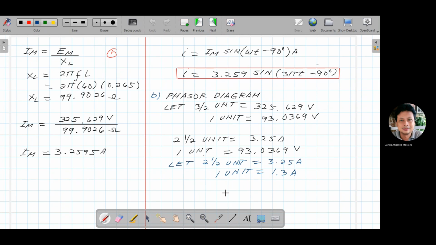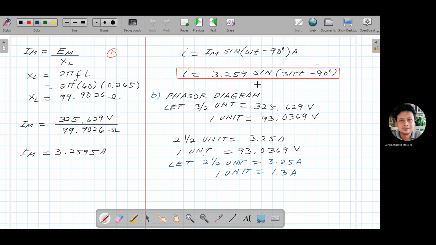Ituloy ko lang, no? So, na-solve natin is equation para sa current.